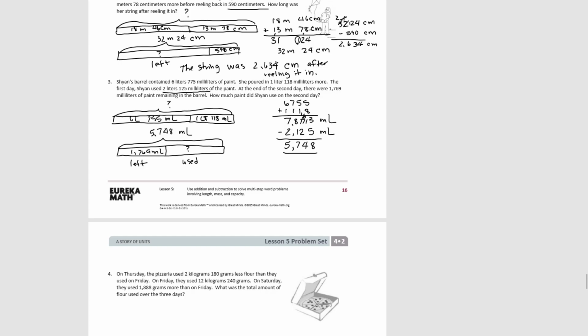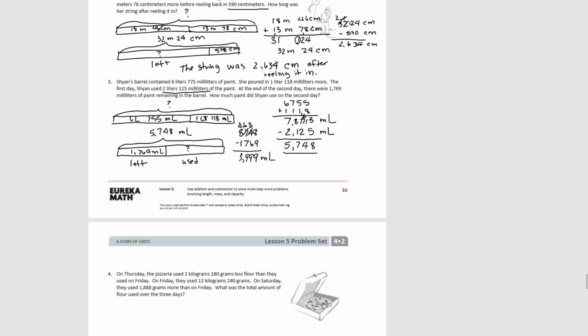So our tape diagram here tells us that if we have a total and a part and we need another part, we're going to need to subtract. So we're going to take the total she started the day with. We're going to subtract out what she had left at the end, and we'll see that she had 3,999 milliliters when the day started.